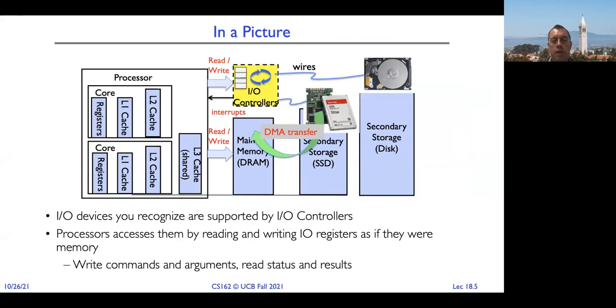This is another way to look at it, and this is to put everything in one picture about what we learned so far and what we are going to learn today. On the left-hand side, you have the processor, and the processor obviously has the CPU, but in addition to the CPU, it has some storage.